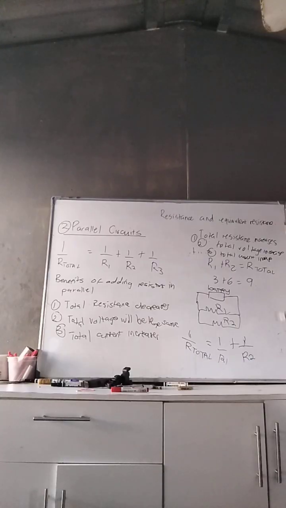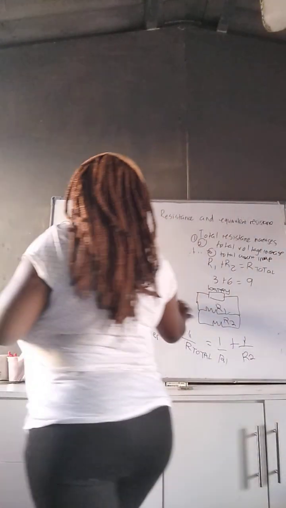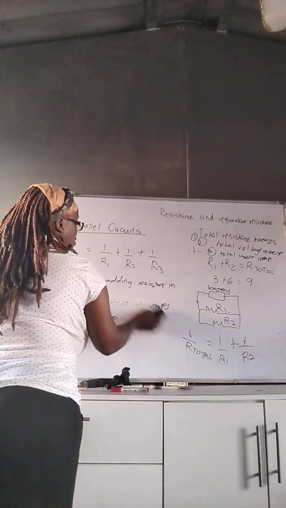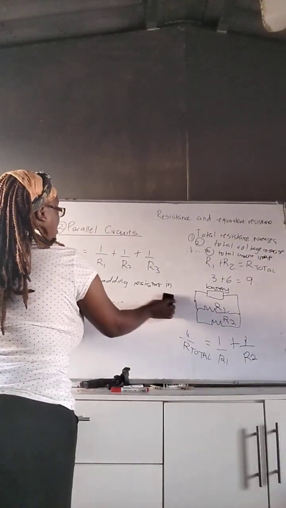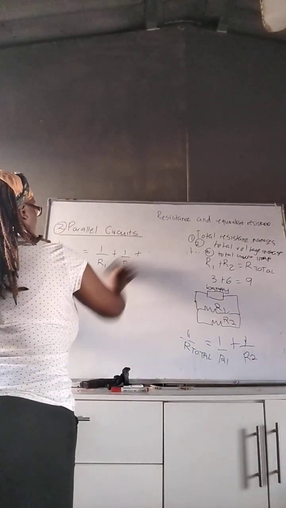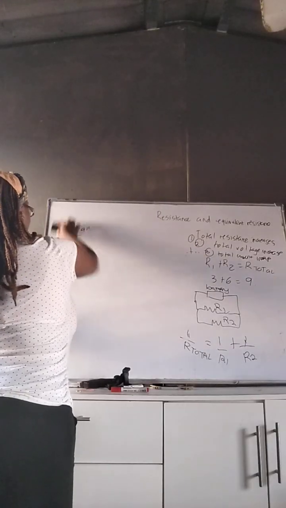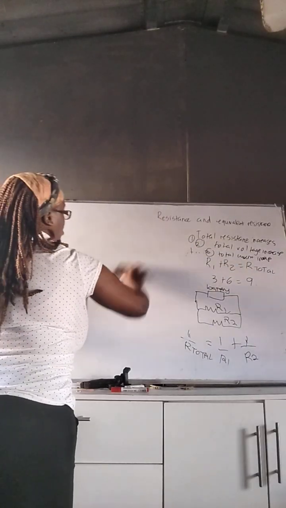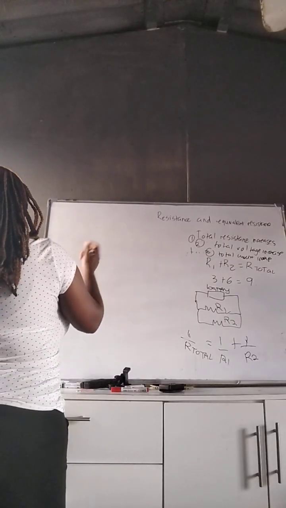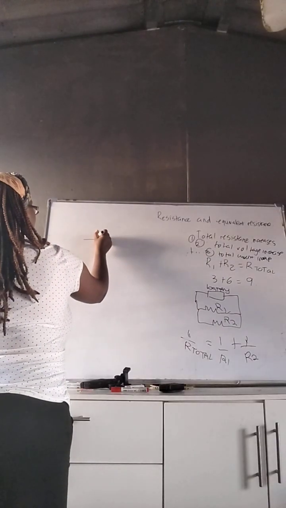Okay, let's have a question or a scenario that we can look at. I'm just going to give you a question, and I want you to try it and see if you can work it out.